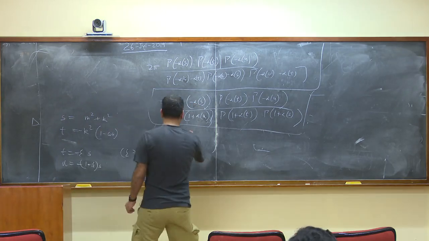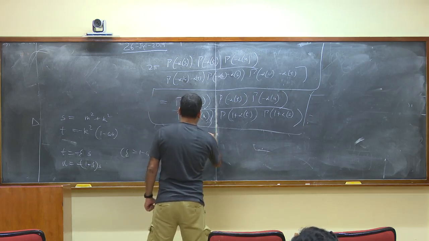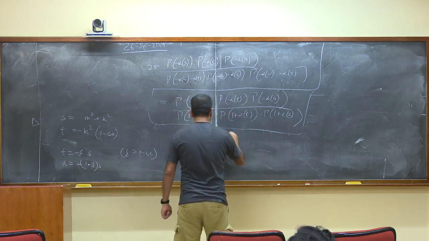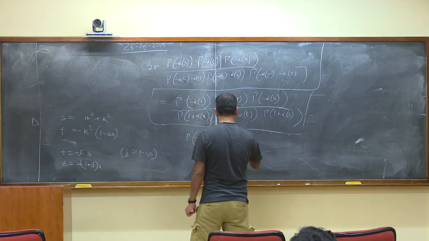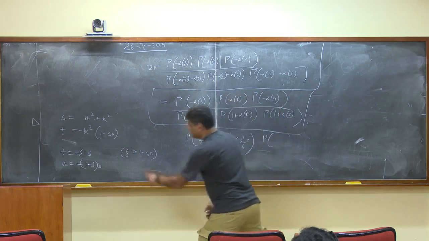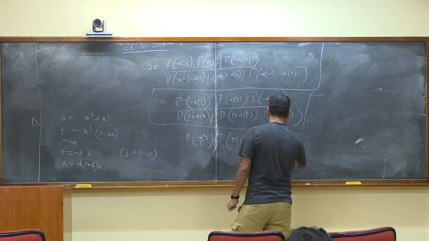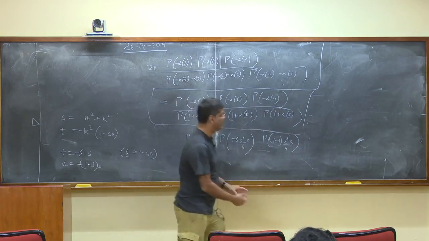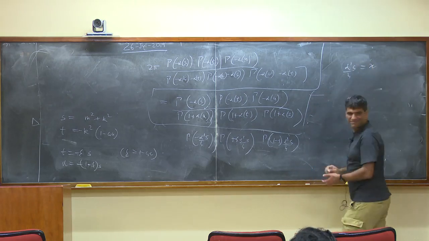So this is gamma of minus alpha prime by 4 S, gamma of alpha prime by 4 S times zeta, and gamma of 1 minus zeta times alpha prime by 4 S. Alpha prime by 4 S appears everywhere, so let's say alpha prime by 4 S is equal to x.